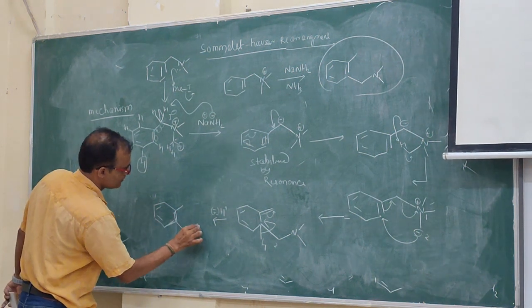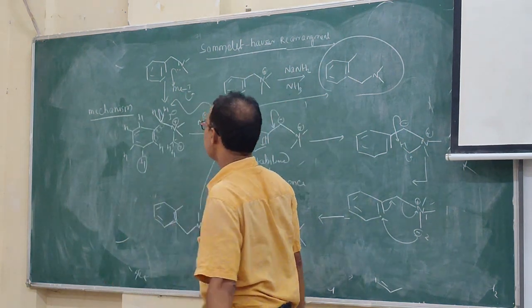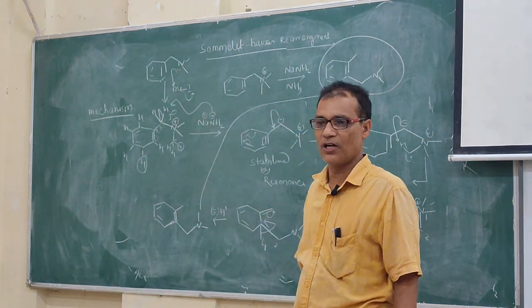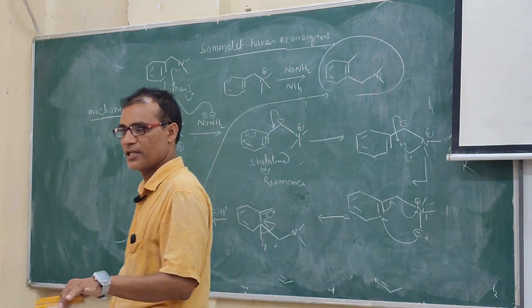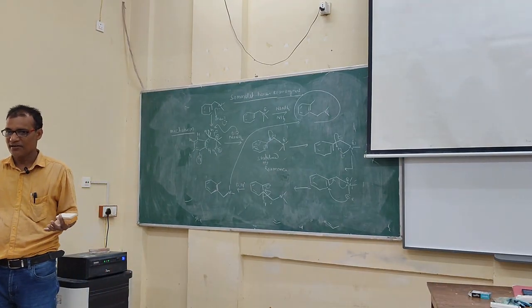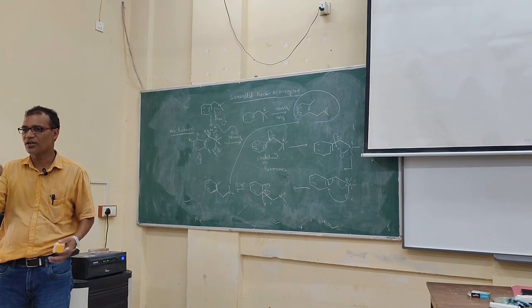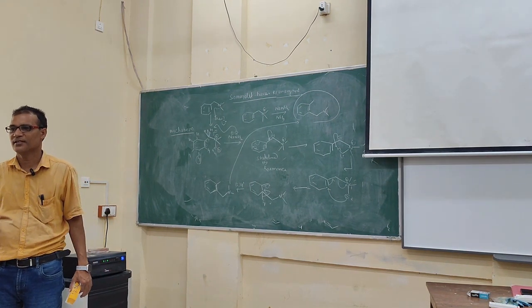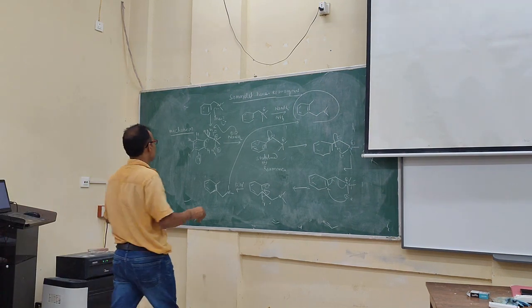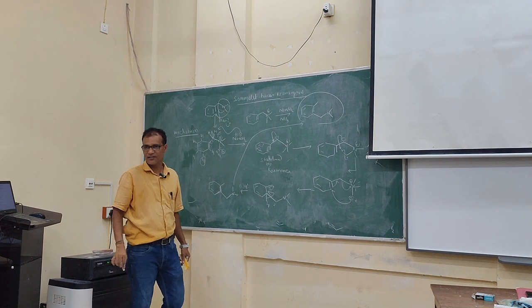So see here. That means a quaternary ammonium salt at the benzylic position can be converted to an amine by reaction with sodamide and ammonia. That is the Sommelet-Hauser rearrangement, because this fellow rearranged to this position. You got it or not?